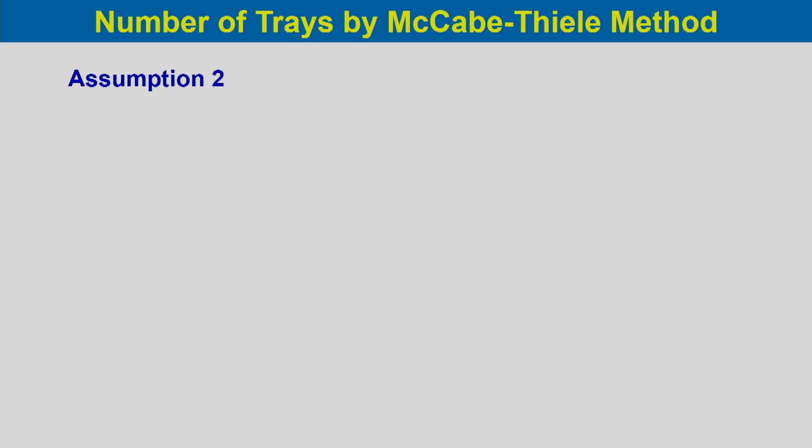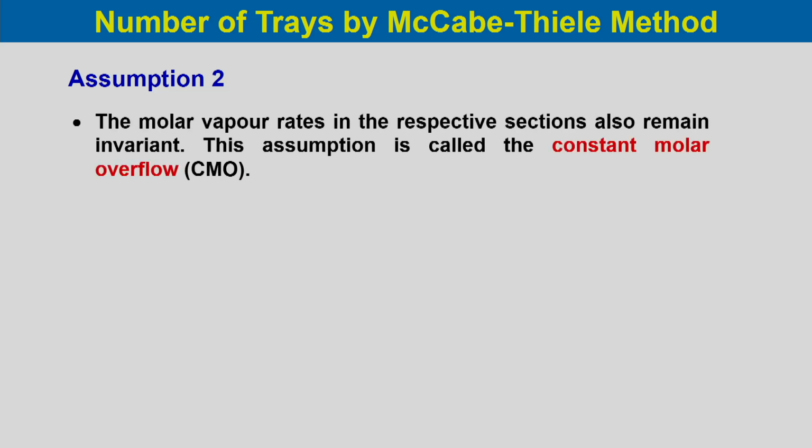The second assumption for the McCabe-Thiele method is that the molar vapor rates in the respective sections also remain invariant or constant, and this assumption is popularly known as constant molar overflow, CMO.